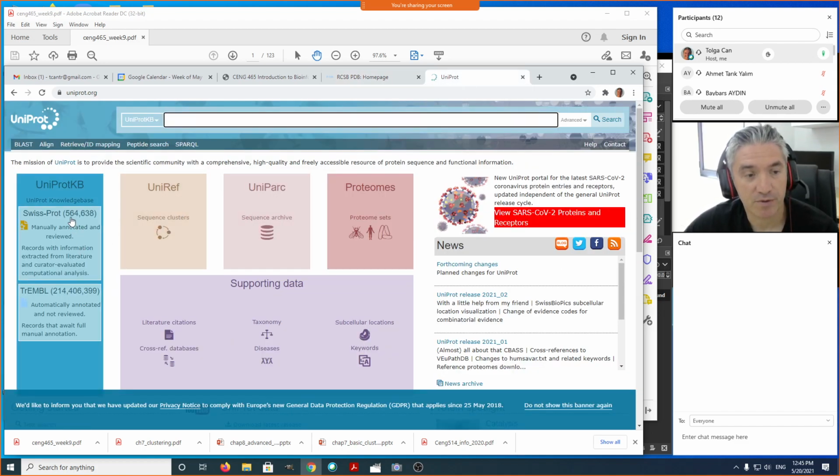The SwissProt database, which is roughly three times the size of the Protein Data Bank, contains manually annotated protein sequences with known functions that are curated. But this is the protein sequence database.